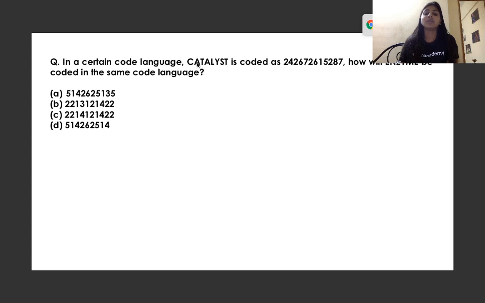A is the first one, but if A is coded as 26, we can figure out that it's coded in the reverse order. So A is 26 and Y, instead of being 25, is 2. Z is 1, Y is 2. If A is 26, B is 25, C is 24, and so on. This is how we got this code.